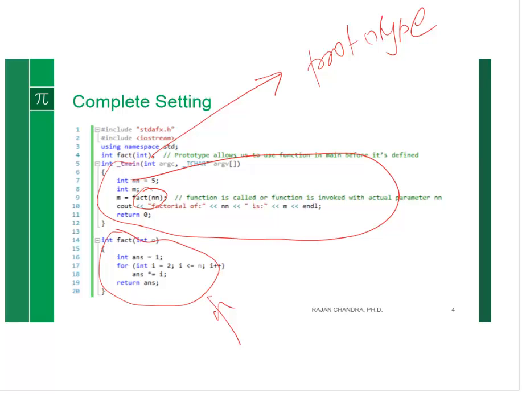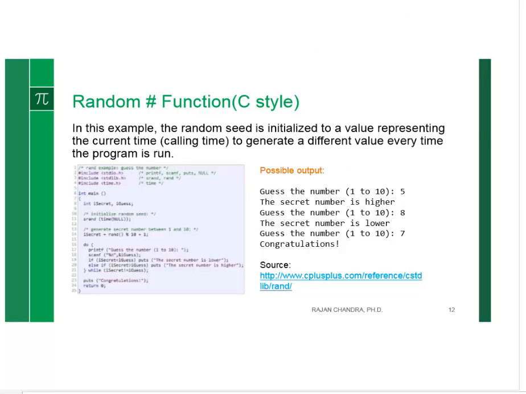However, I have one more slide that I have to talk about, which is the use of the random number function. Random numbers are very popular in any programming language, because with a random number I can simulate an event or a system.